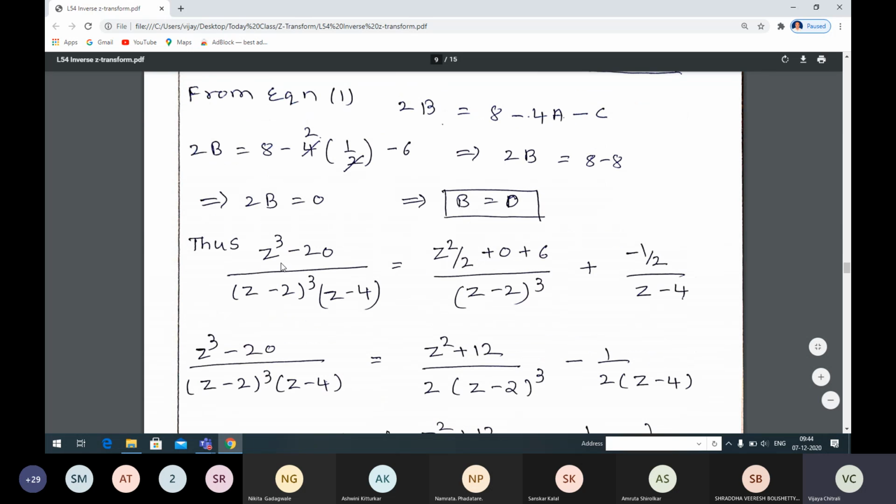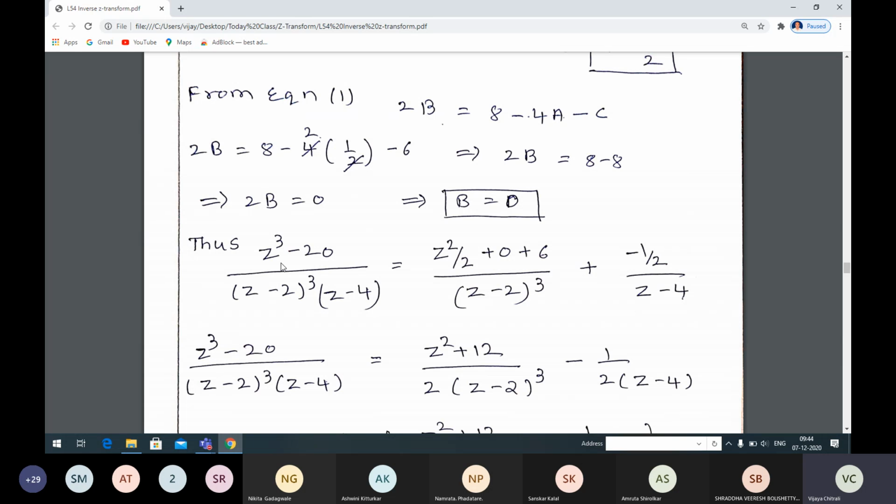z cube minus 20 divided by z minus 2 raised to 3, z minus 4. This is equal to z square by 2, and b is what here? 0. So 0 plus c divided by z minus 2 raised to 3 plus d is minus 1 by 2, z minus 4. Now take the LCM and simplify.